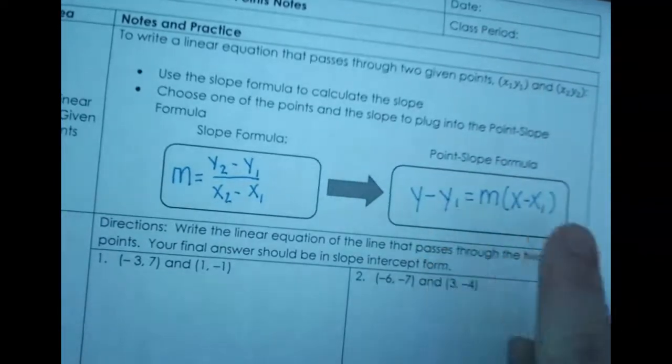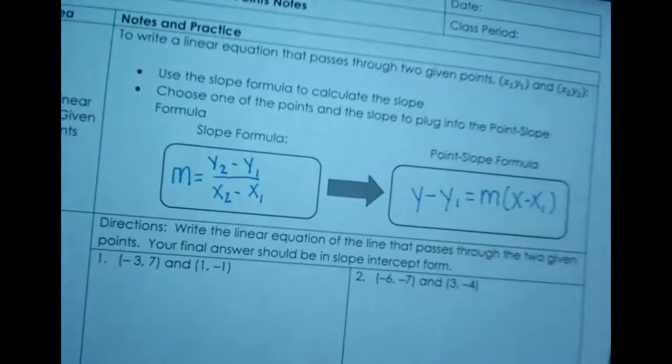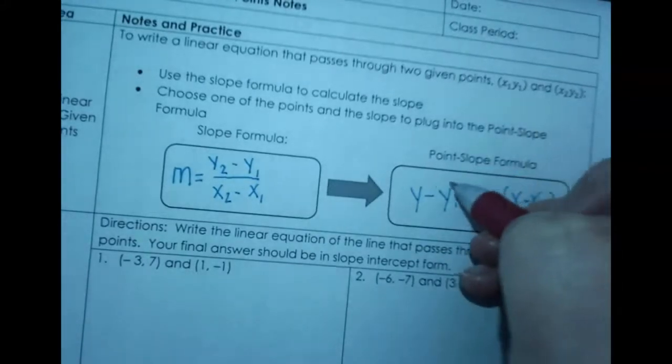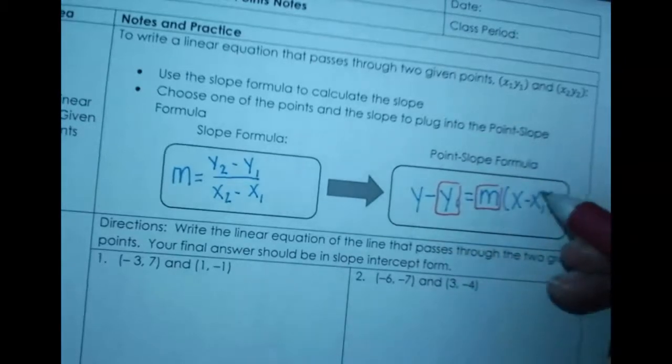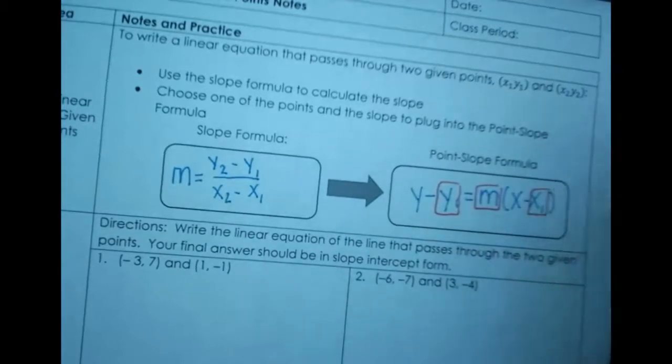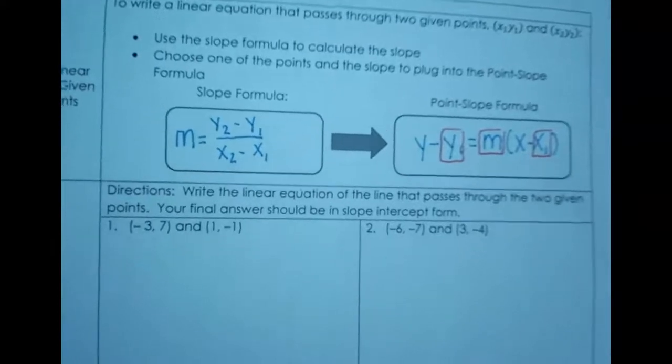The y1 and the x1 are what you're plugging in. So you plug the slope in right here, and you plug the x and y values of a point in right here.